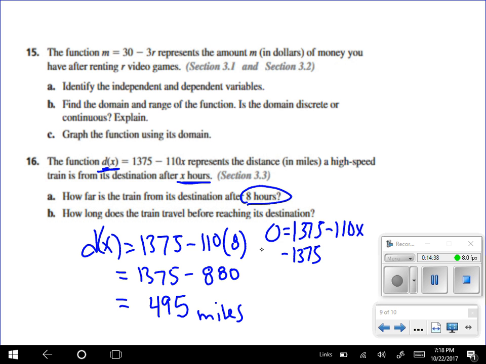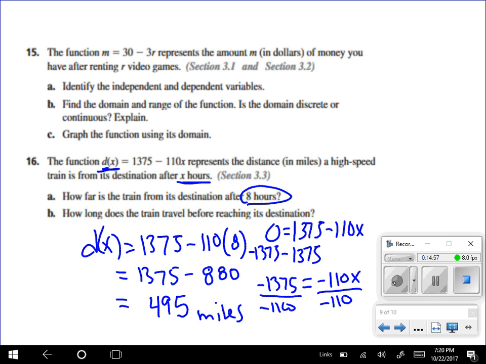So we're going to figure this out here. Divide by -110. I subtracted 1,375 at first. And then we need to do some math. So if we plug that into a calculator, we would get 12.5. So 12.5 hours, and we would be at our destination.